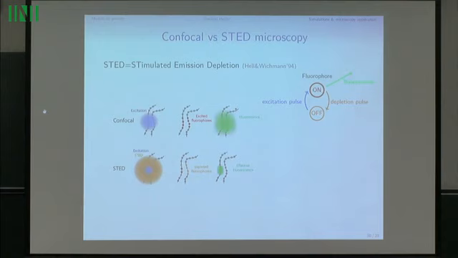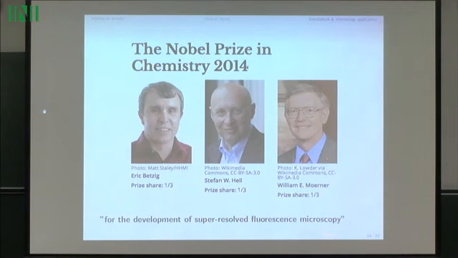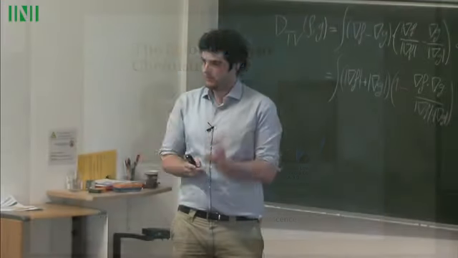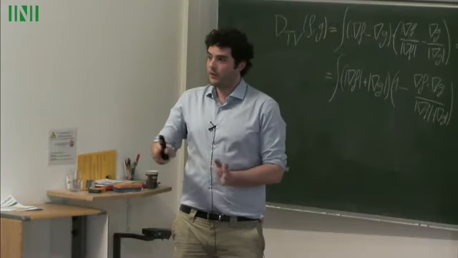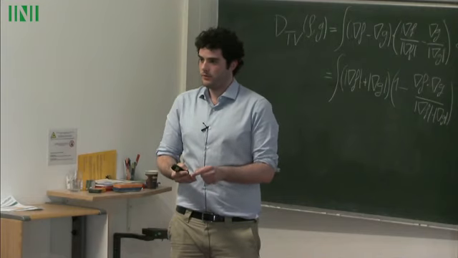Good. So the point with this fluorescence microscopy problem, this super-resolved fluorescence microscopy that they were awarded the Nobel Prize for, is that in typical optical microscopy you have the problem of not being able to resolve very small structures, just by the physical limitation of the wavelength of the waves that you use being too large.